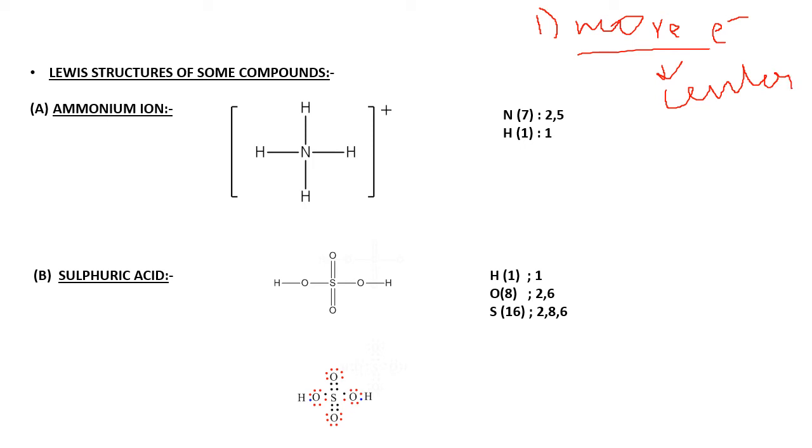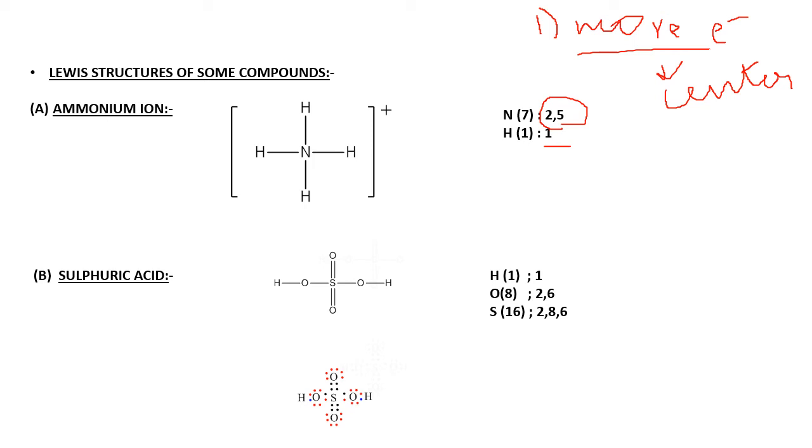For example, the ammonium ion. Nitrogen has 5 in the outermost shell so it requires 3 electrons, while hydrogen requires only 1. So nitrogen will come in the center while hydrogen will come in the corners.